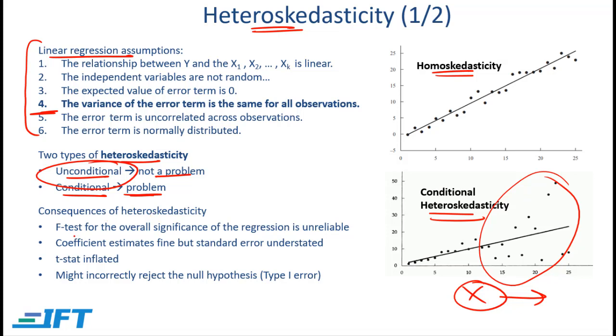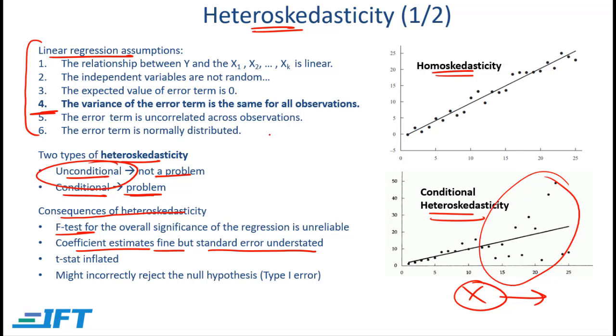So now, what is the impact or what are the consequences of conditional heteroskedasticity? One consequence is that the F-test for the overall significance of the regression is unreliable. So we might get a relatively high test statistic, but that test statistic is not reliable. The next point is that the coefficient estimates are fine, but the standard error is understated.